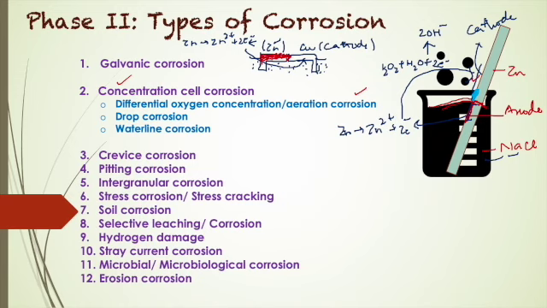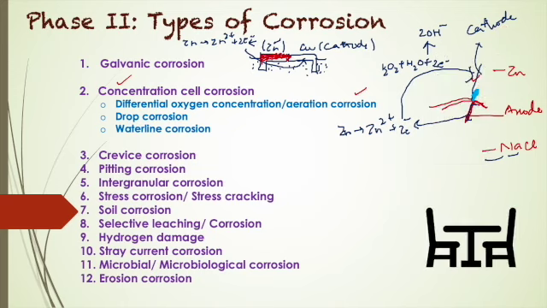Next, under the same category, other examples of corrosion by differential aeration are, let's say, drop corrosion. Now what is drop corrosion? Let's see, we are sitting there having our snacks, and during our party time I happen to drop some of my juice or some of the drink that I was having.